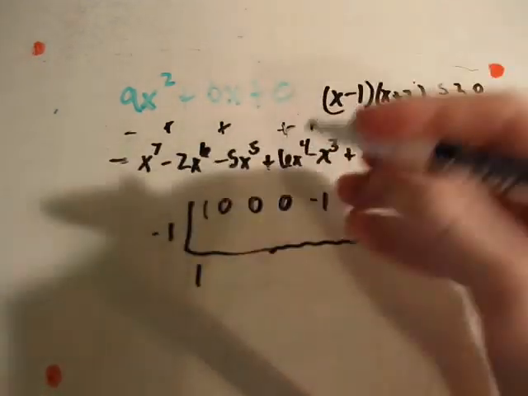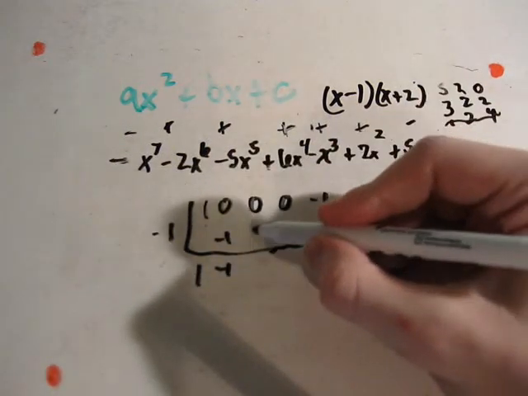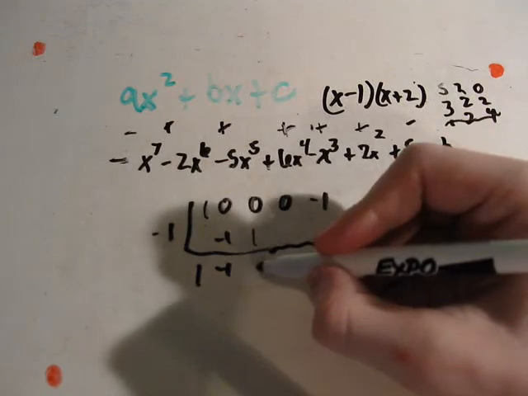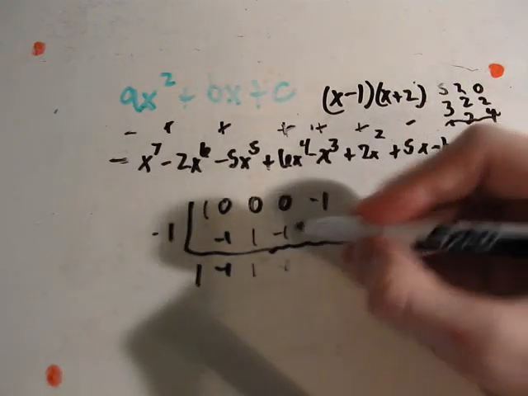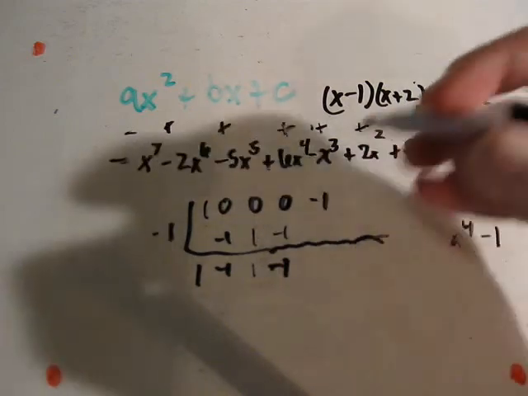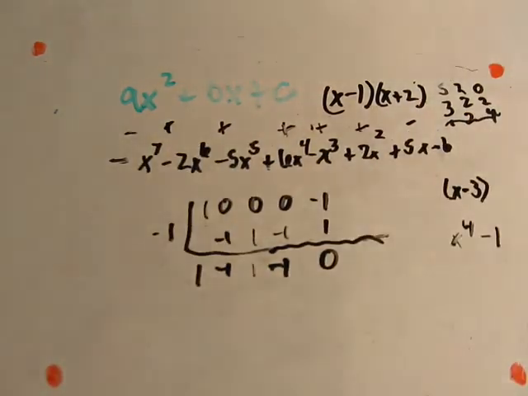Actually, negative 1. So that becomes negative 1 minus 1 is 1. Negative 1 times negative 1 is 1. And it worked. We actually got a value of 0.